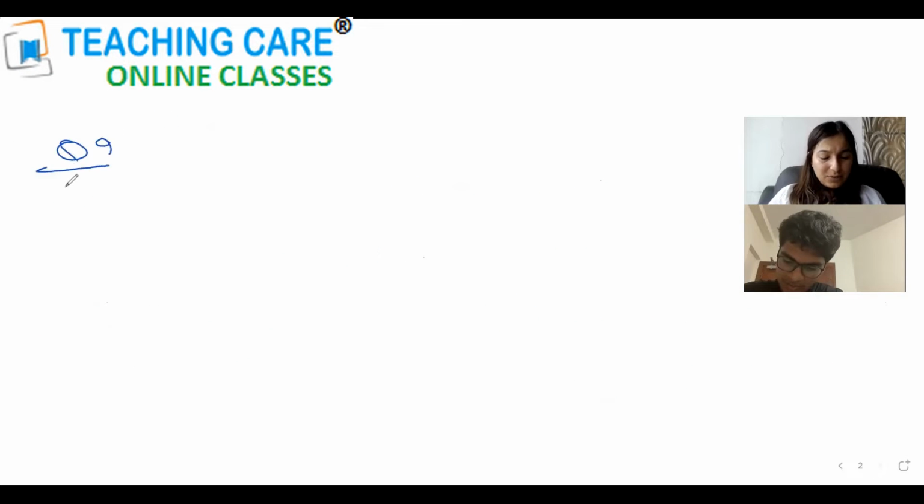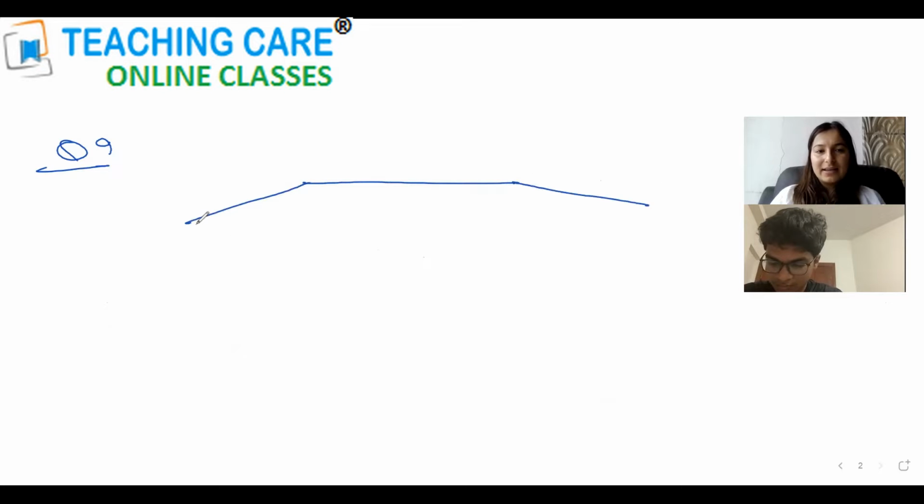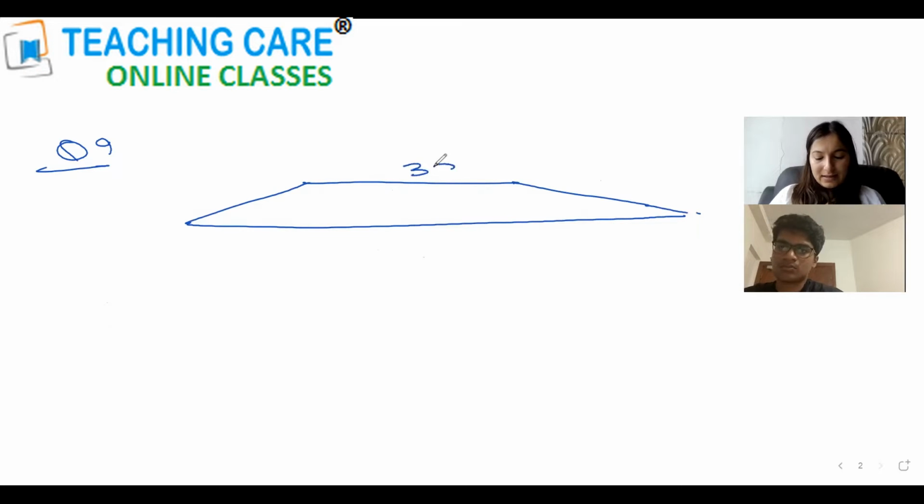Okay. In question number 9, the diagram shows a trapezium ABCD. A trapezium is a figure which has one pair of parallel sides, right? And one pair of non-parallel sides. Here we have one as 3x, another parallel side is 5x plus 6 centimeters. Given that the perpendicular distance between AB and DC, which is nothing but the height, is 4x minus 3, show that the area of the trapezium can be expressed as this.